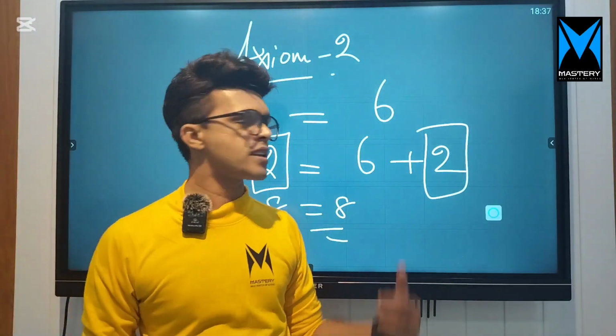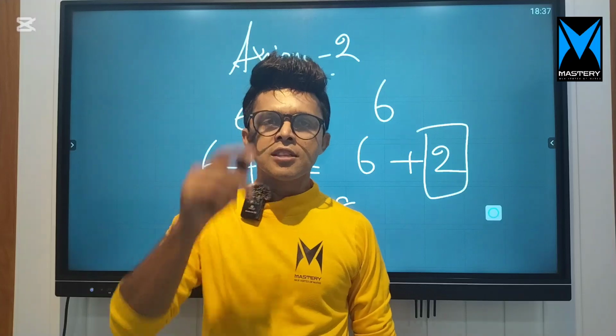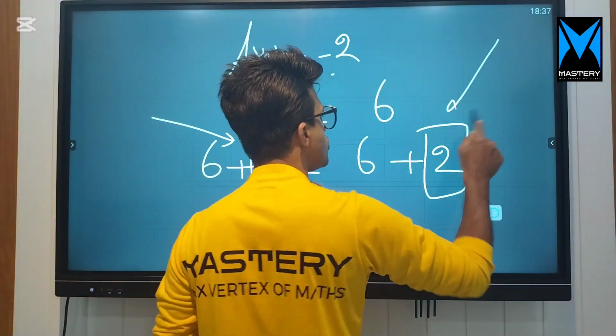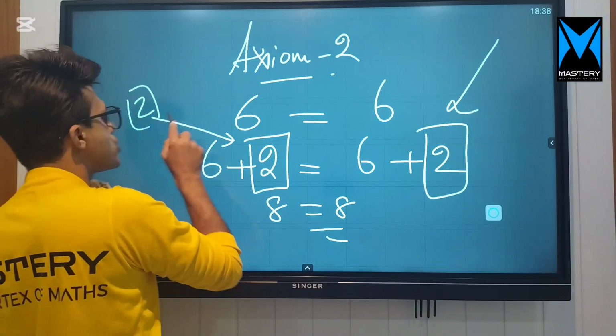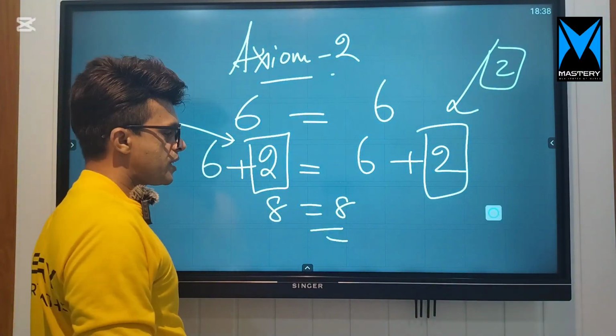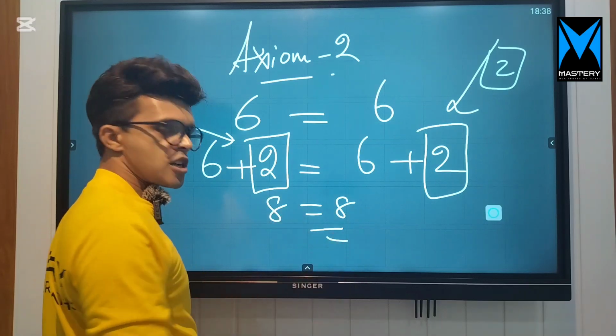Here 8 equals 8, here 6 equals 6. The basic thing you need to know is that here you added 2, and here also you added 2. So the resulting answer is equal, 8 equals 8.